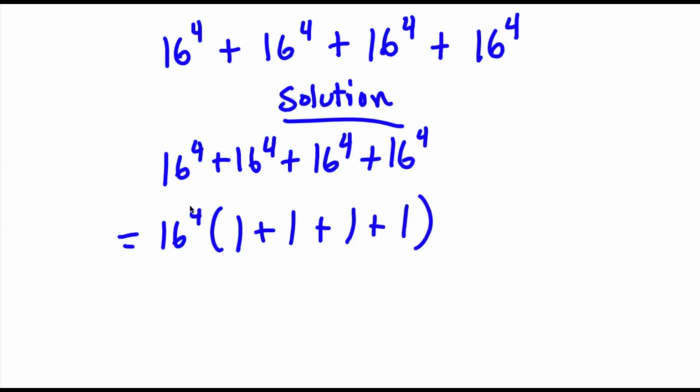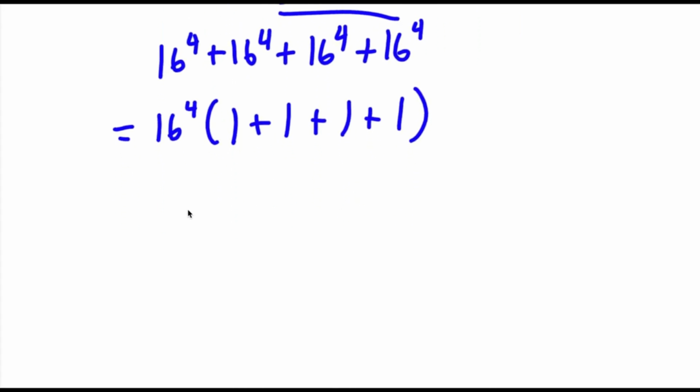So now I have 16 to the power 4 times 1 plus 1 plus 1 plus 1. Now, if I simplify the parentheses, 1 plus 1 is 2, 2 plus 1 is 3, 3 plus 1 is 4. So I have 16 to the power 4 times 4.